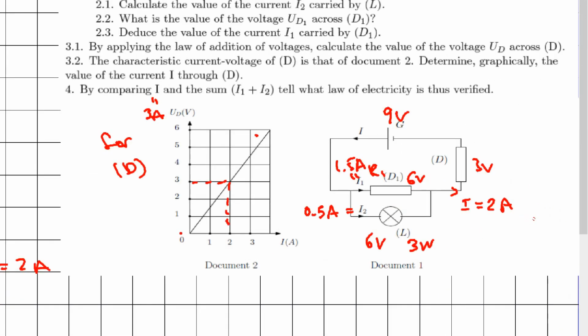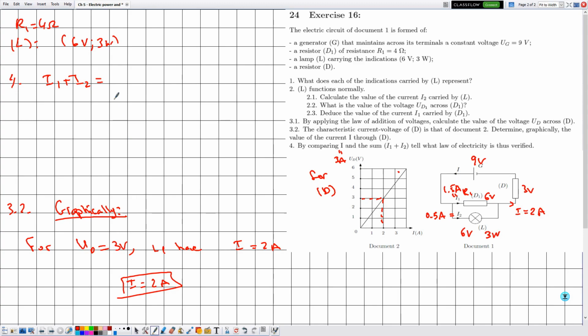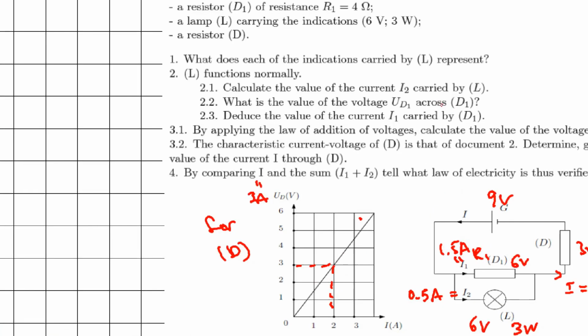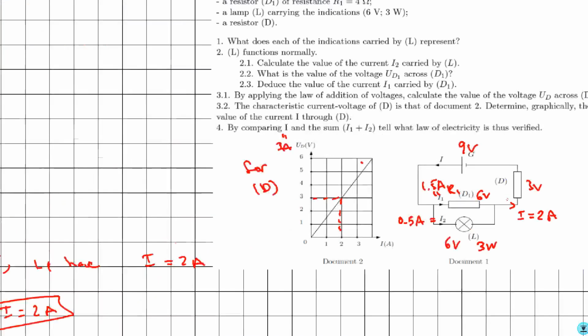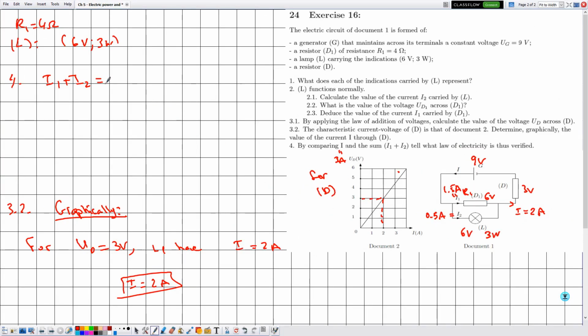Notice that the value of the current here is 2 amperes. Before we compare, we need to determine the value of I1 plus I2. The value of I1 is given by 1.5. The value of I2 is given by 0.5. So this is equal to 2, because I1 and I2 are expressed in amperes. So I1 plus I2 is equal to 2 amperes.